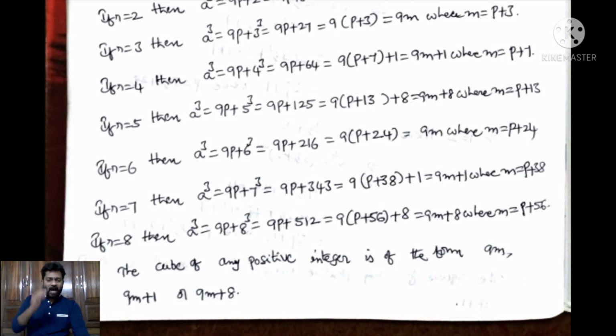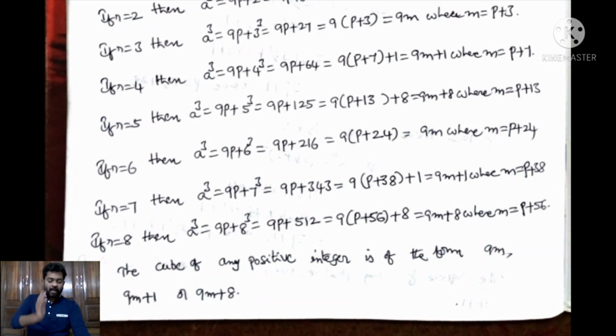If r equal to 4, then a cube equal to 9p plus 4 cube, that equal to 9p plus 64. 9 is common. 9 into (p plus 7) plus 1, that equal to 9m plus 1, where m equal to p plus 7.